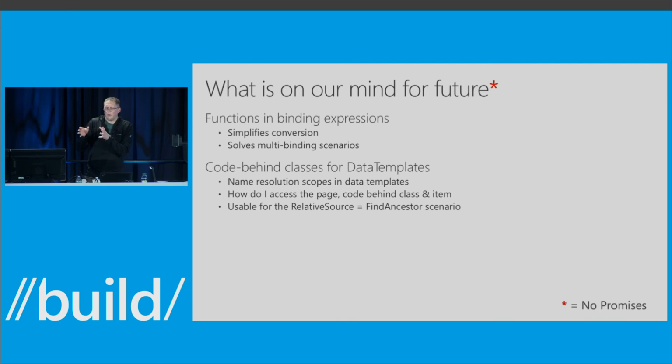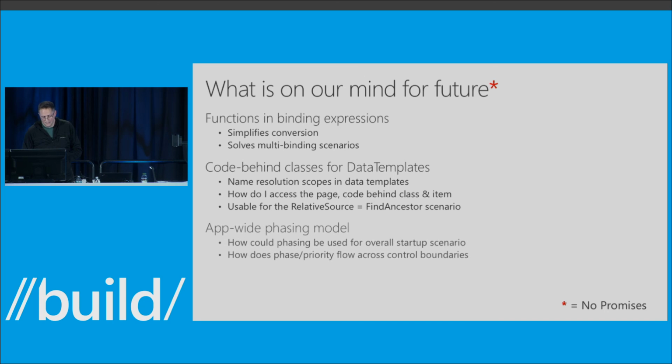And then also, how could I scope and access stuff from the data object, from my class, or a larger scope? We don't have a solution for FindAncestor with x:Bind so far. I think that would solve the most common cases for it. Something we're thinking about and looking at.